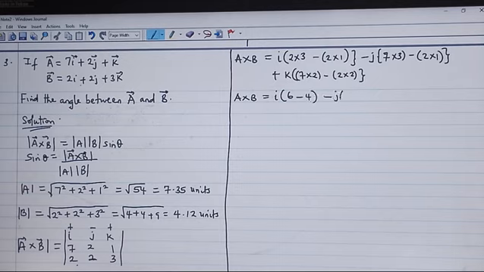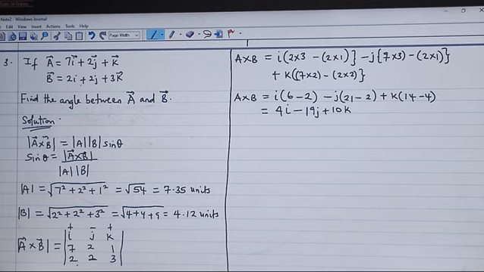Minus j into 7 times 3 is 21, 2 times 1 is 2, so 21 minus 2 is 19. So minus 19j, plus k into 14 minus 4, which is 10k.